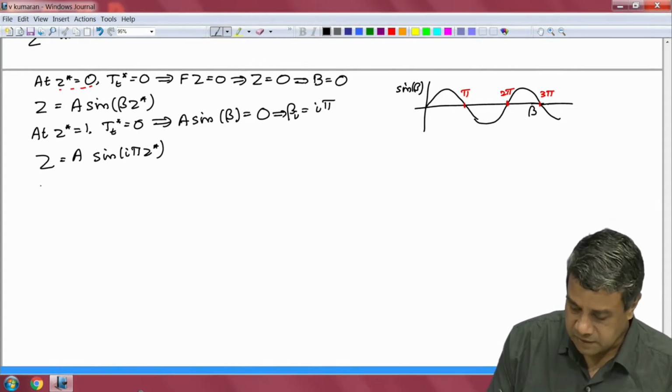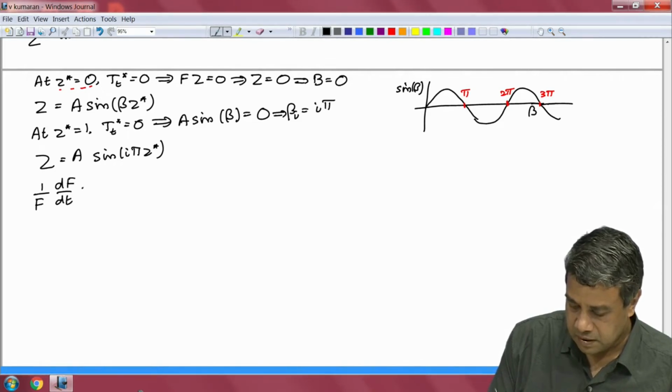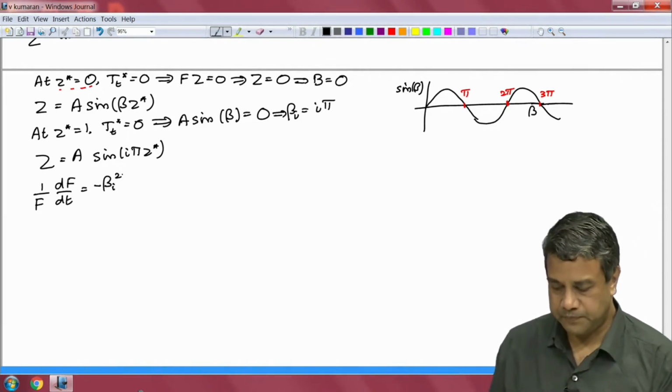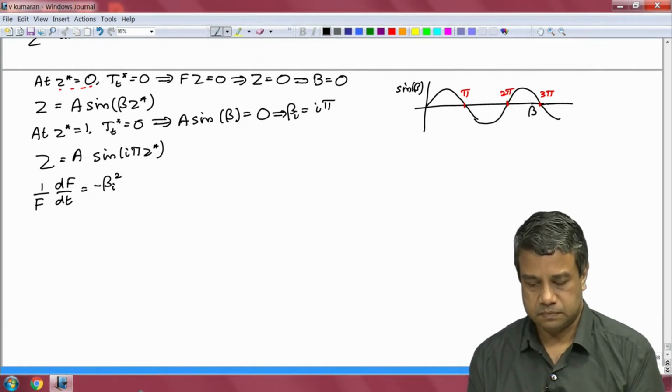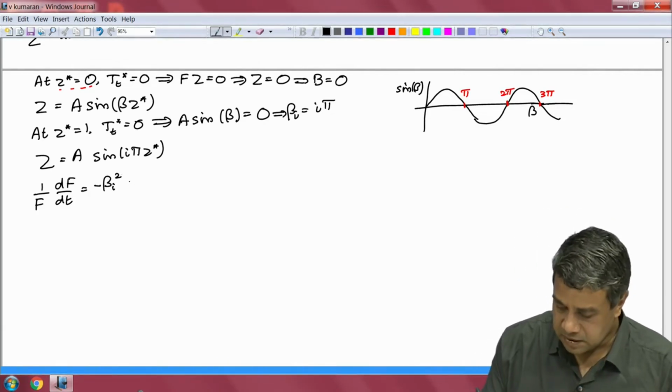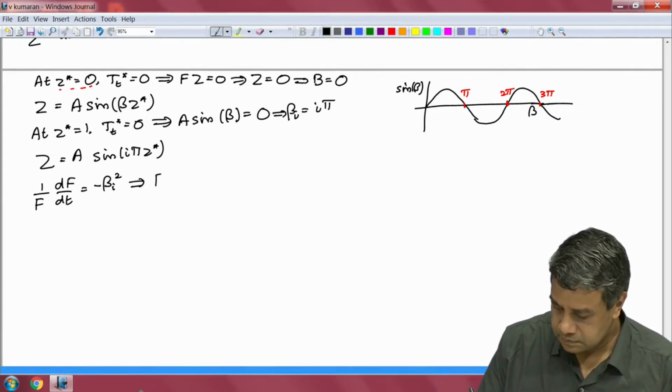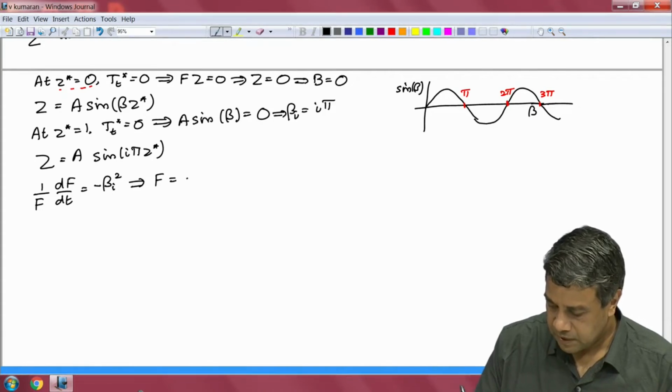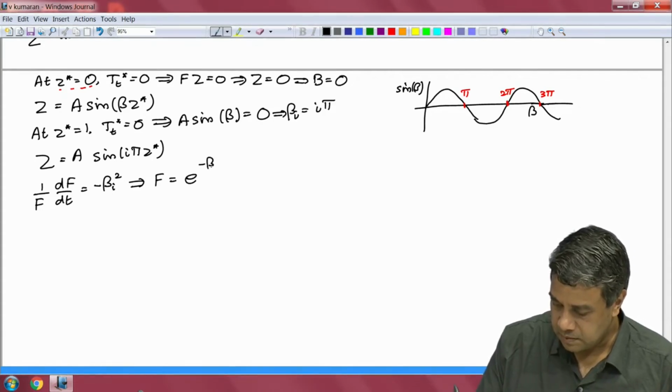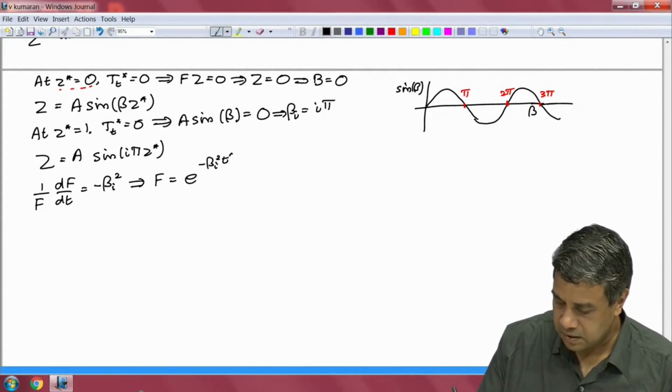For the solution for f, I have to solve the equation 1 by f df by dt is equal to minus beta I square, which means that the solution for f is e power minus beta I square t.